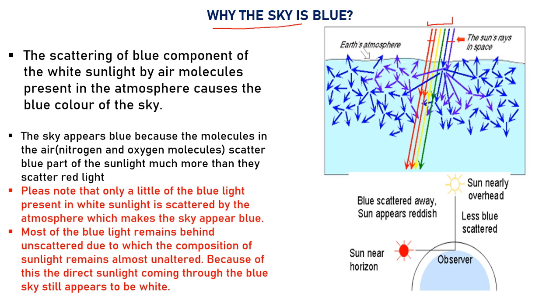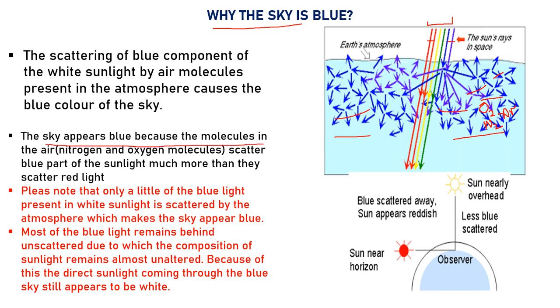When it is passing through this atmosphere here, you can see the blue color has scattered by the particles, which are nothing but your oxygen and nitrogen and argon, right? All these gases are present here on the uppermost part of the atmosphere, and they have totally scattered the blue light. And because of this reason, the sky is blue in color, right?